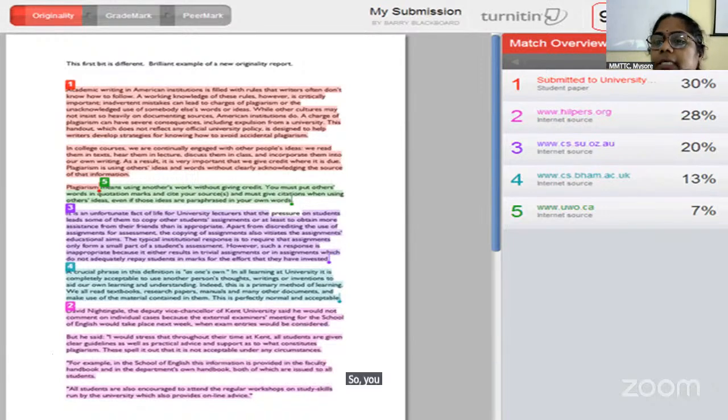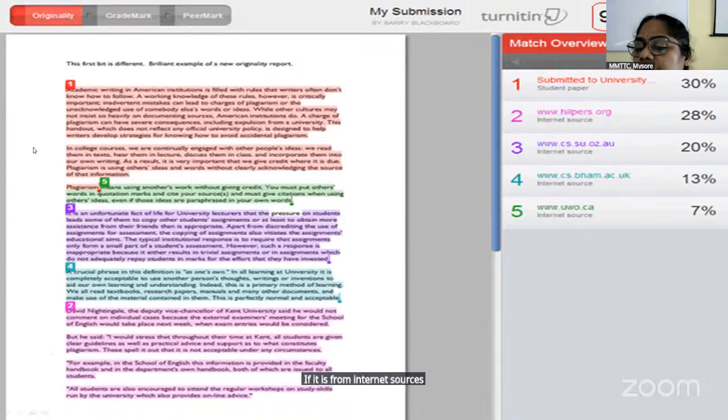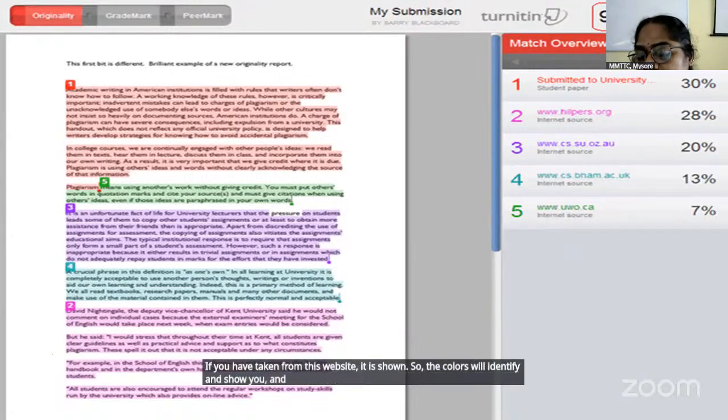So you can see here the colors submitted to you. You can see from where the sources have been shown. If it is from internet sources, if you have taken from an internet source, it is in green color. If you have taken from this website, it is shown. So the colors will identify and show you and give you the information from where it has been taken.